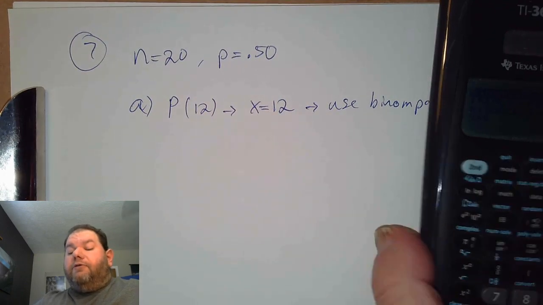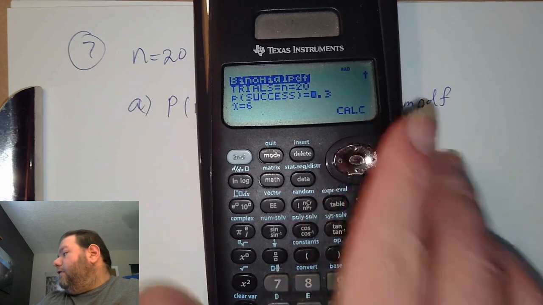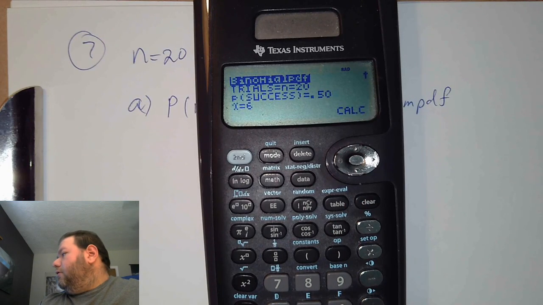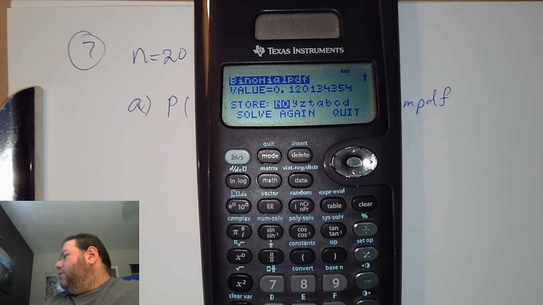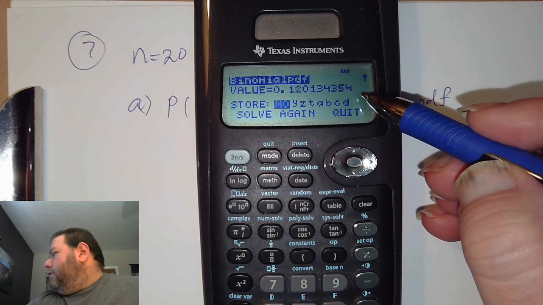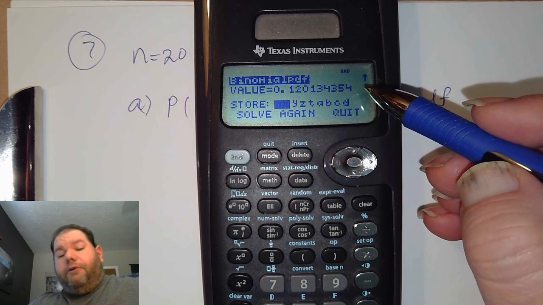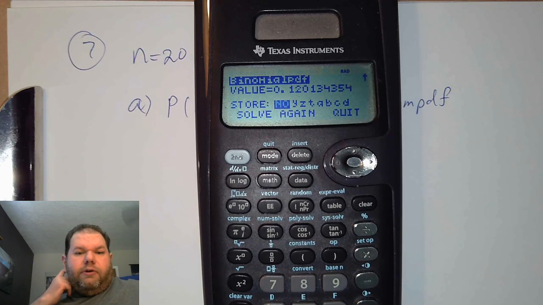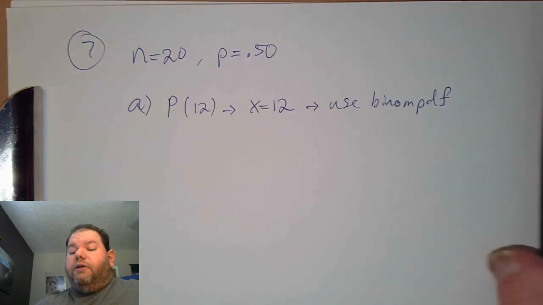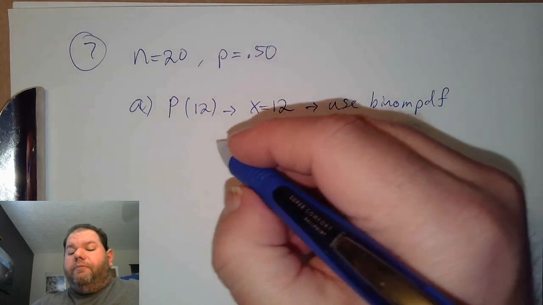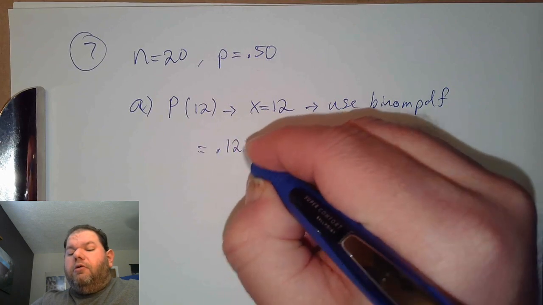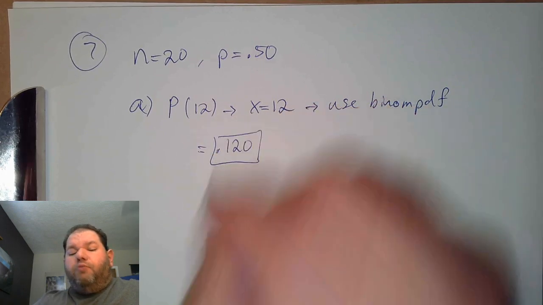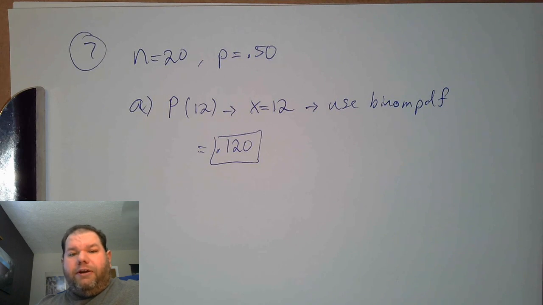And we have x equals 12, which is the number of successes. Then we go down to calculate. So we get a result of 0.120. Again, go to 3 decimal places. So 0.120 is our probability of choosing exactly 12 out of 20 teenagers working part-time.